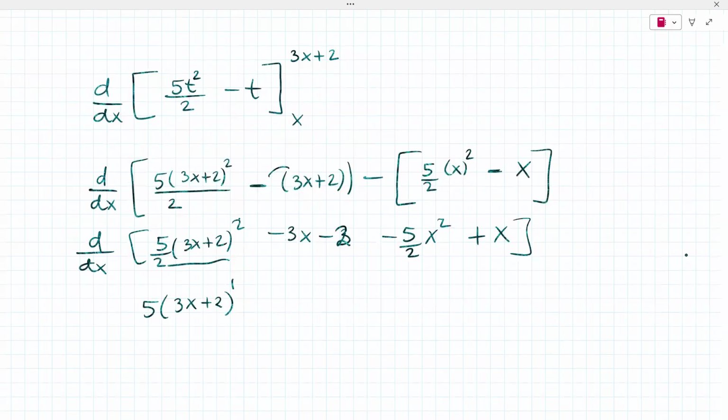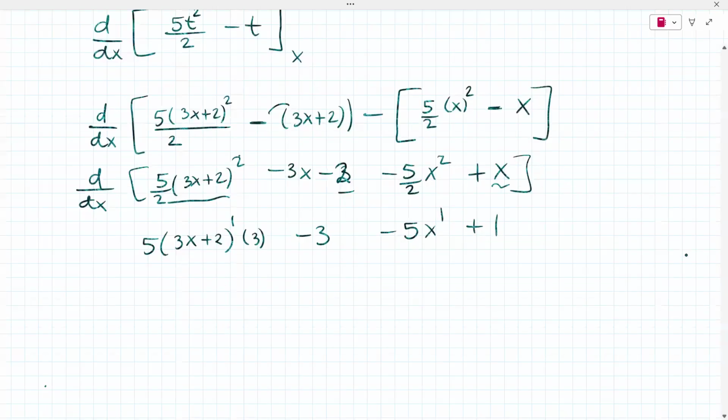And then you take the derivative of the inside of the parentheses. The derivative of 3x plus 2 is 3. And what's the derivative of negative 3x minus 2? It's just negative 3. What's the derivative of negative 5/2 x squared? That would be negative 5x to the power 1. And what's the derivative of x? 1.